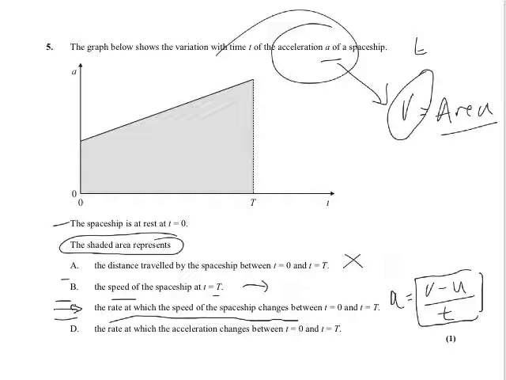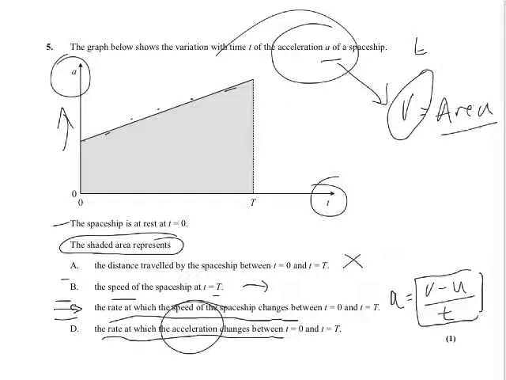No, because it's an acceleration time graph. The axes, the actual readings, represent acceleration. And then D, the rate at which the acceleration changes. So no, because that would be the gradient. I think we mentioned this in class. The gradient of an acceleration time graph would be the rate of change of acceleration. So indeed, the answer is B.